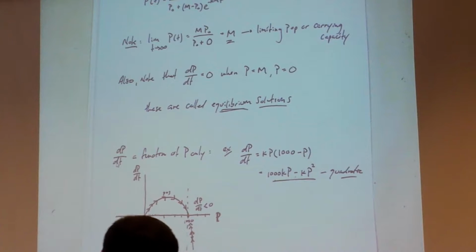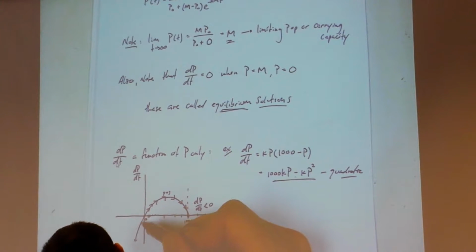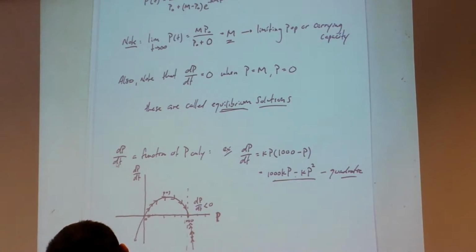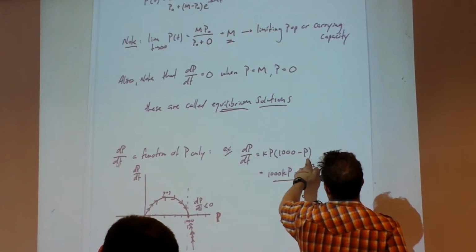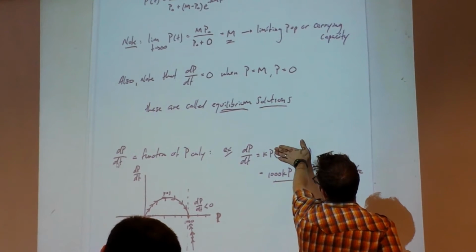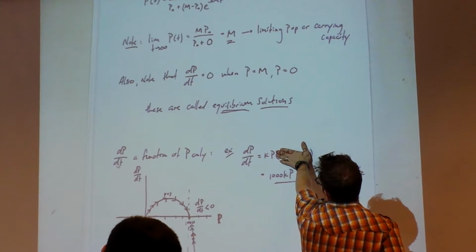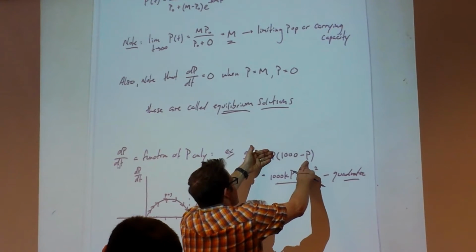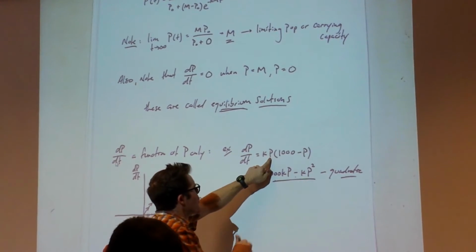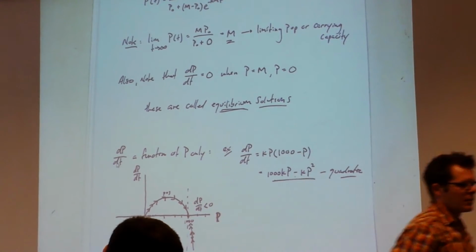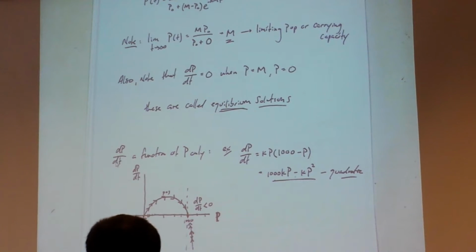Now here's a tricky one. What happens if p is less than 0 somehow? Now this doesn't model population anymore, but in this equation, if p is less than 0, then that's negative. And if p is less than 0 here, it's 1,000 minus a negative. That's going to be positive. So dp dt would be negative.